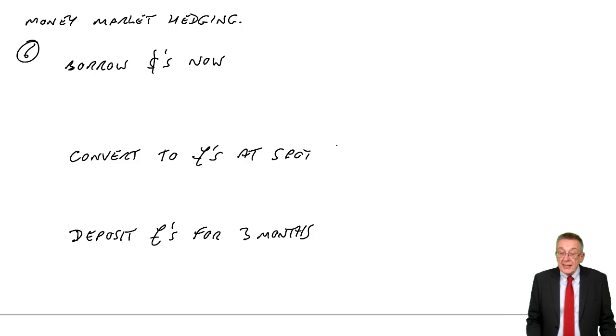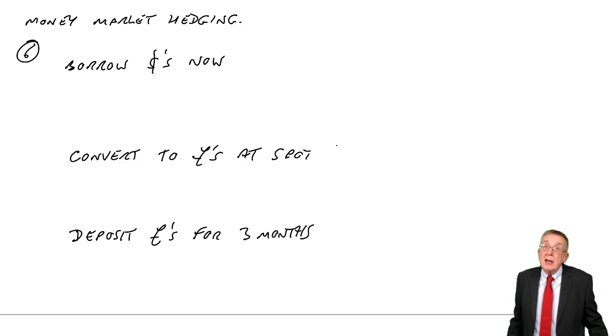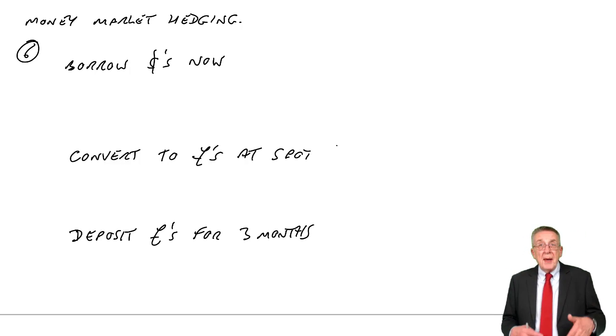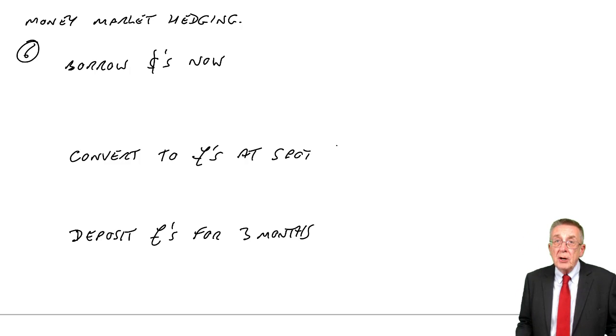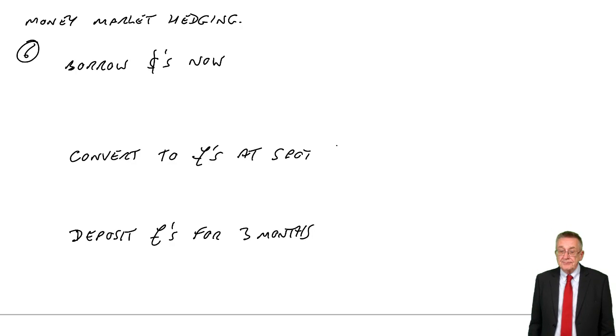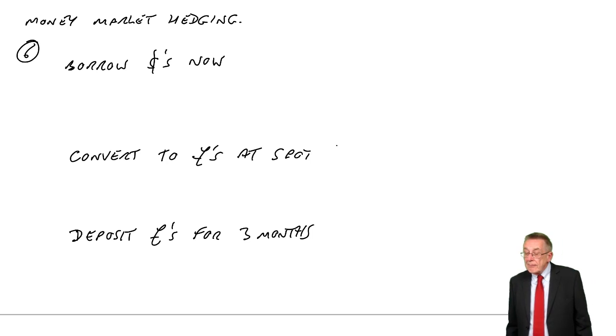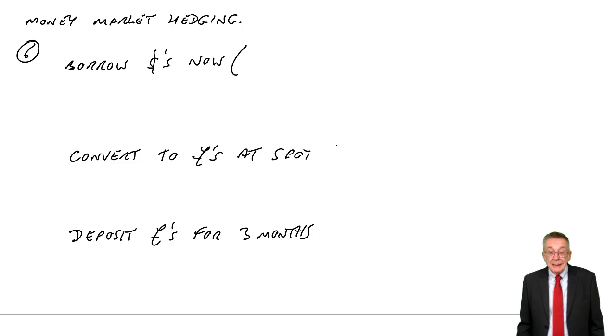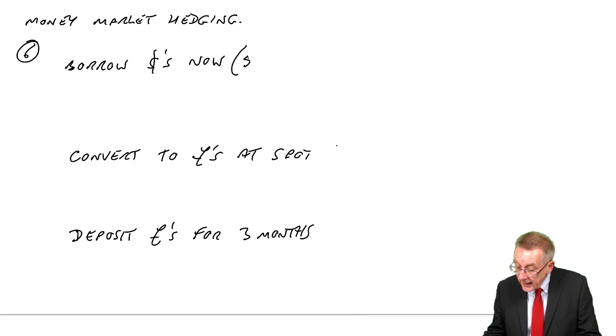If you're borrowing money, the banks will charge you the higher rate. You'll always pay the higher rate of interest if you're borrowing, and receive the lower rate if you're depositing. We're talking about borrowing dollars now, and so the relevant rate for borrowing is 5.8%.